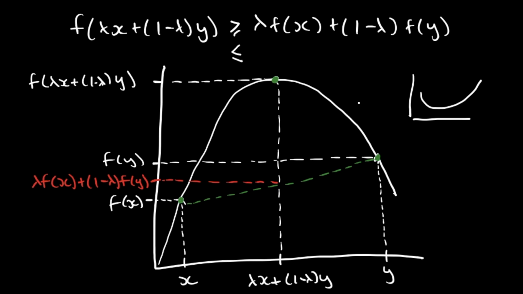One's got this U shape, one's got this cave-like shape, and that transfers over into this definition too, where we just flip the inequality around. So once you understand the concave function definition that I've gone through, the convex function definition is pretty easy to understand because it's just the opposite case, and that should be quite intuitive for you guys.